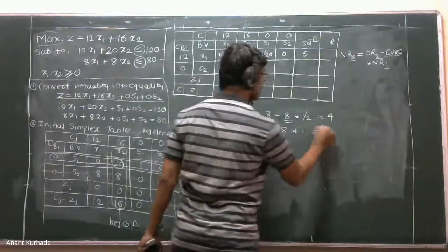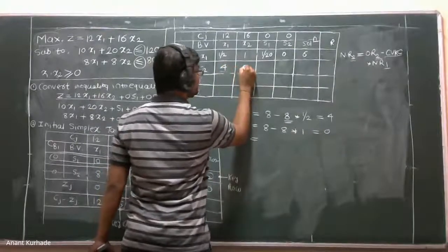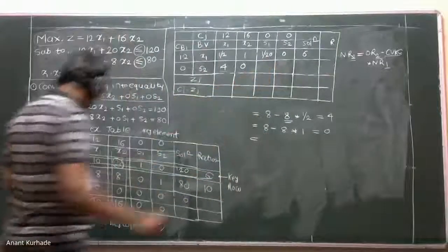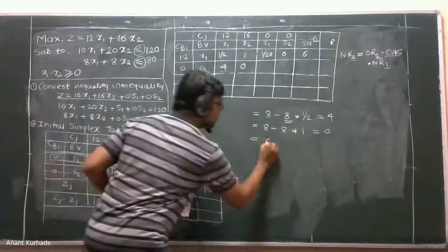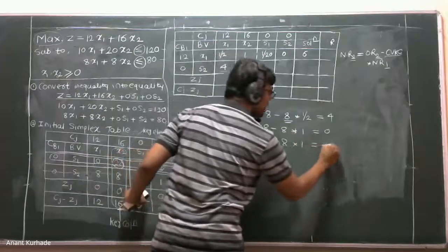So we have 0. Next, third: old value of R2 is 0. 0 minus 8 into 1, so we have minus 8.